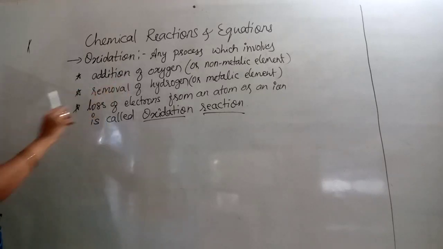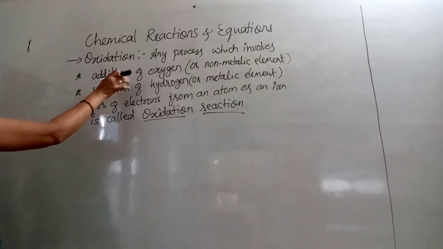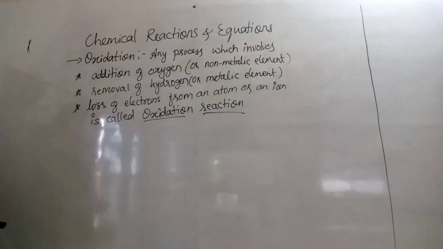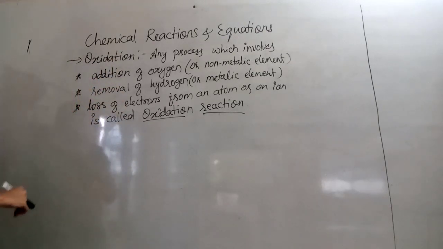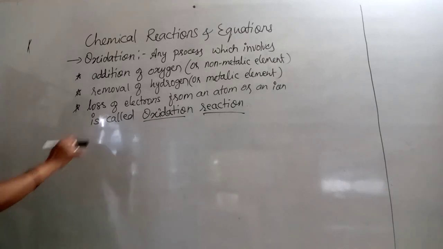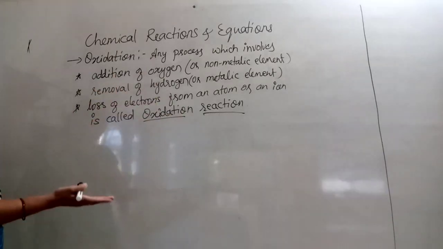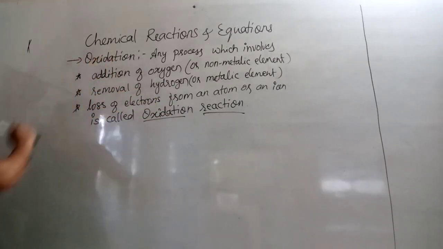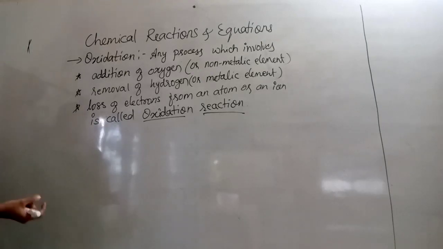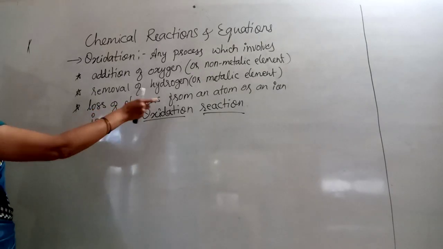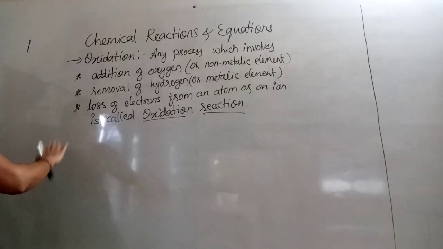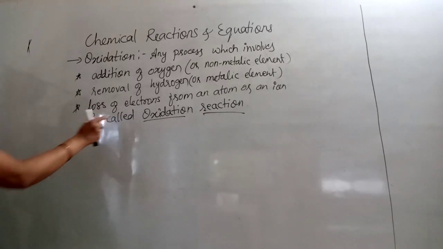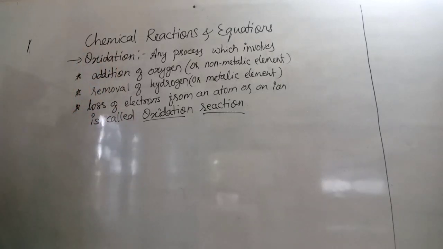See, in what all ways an oxidation reaction can be represented. Any process which involves an addition of oxygen is also known as oxidation. Or if in that reaction hydrogen is removed, then also it is known as an oxidation reaction. And any loss of electrons from ions, cation and anion, we know that. If there is a loss of electrons, then that reaction is also known as an oxidation reaction.